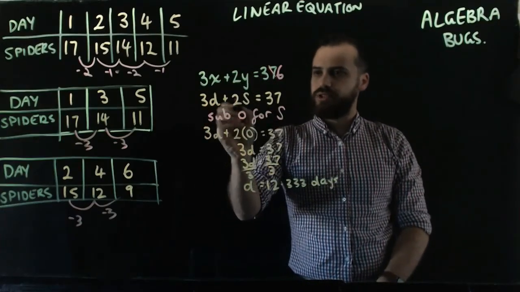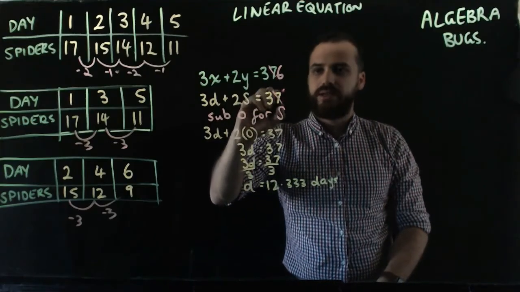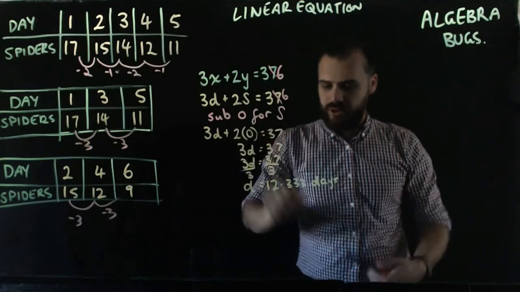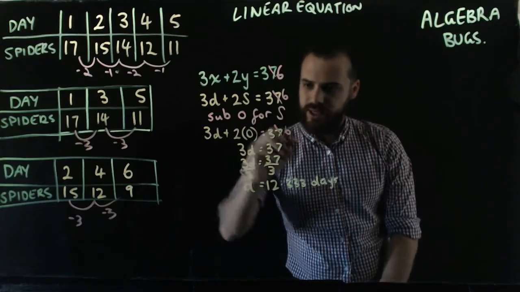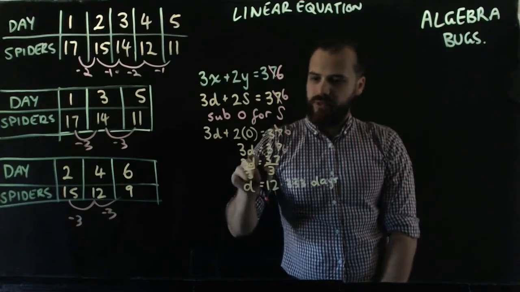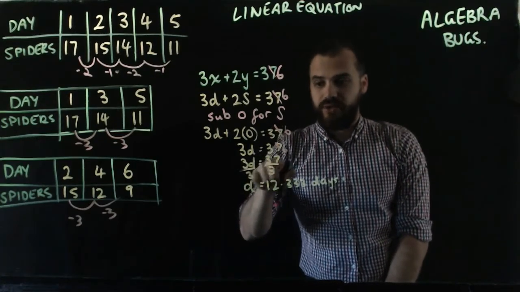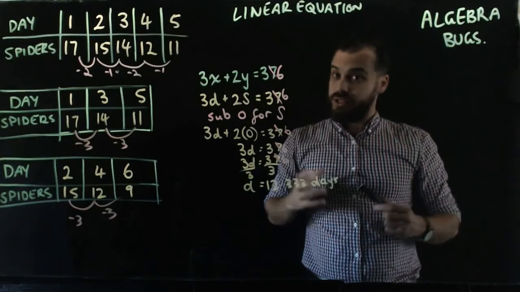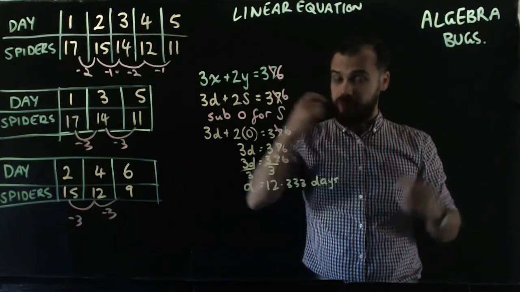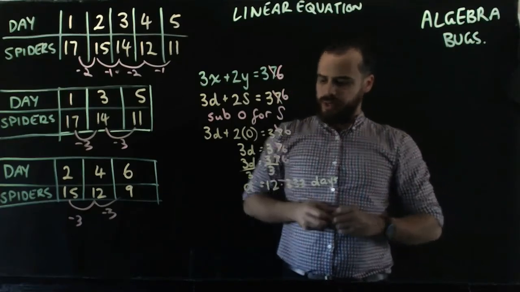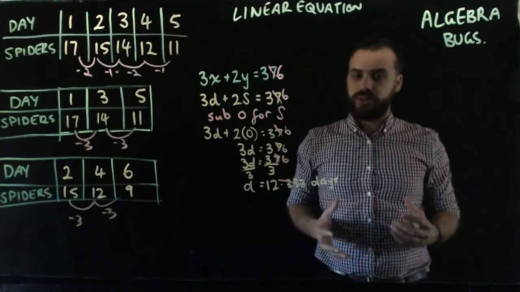So 3d plus 2s equals 36. So if 3d plus 2 times 0 equals 36, 3d equals 36, and 3d divided by 3 equals 36 over 3, which is equal to, 36 divided by 3 is 12. Whew. Guys, I can see why you had a lot of trouble with this piece of algebra.